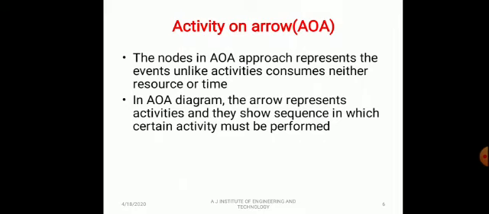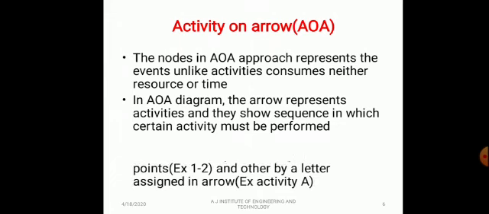In an activity on arrow diagram, the arrow represents activities, and they show the sequence in which certain activities must be performed.